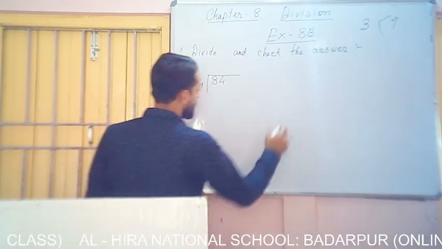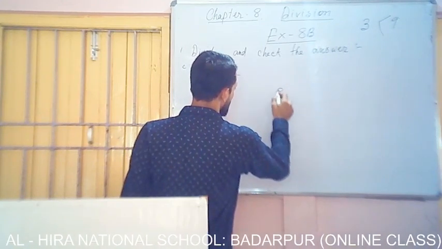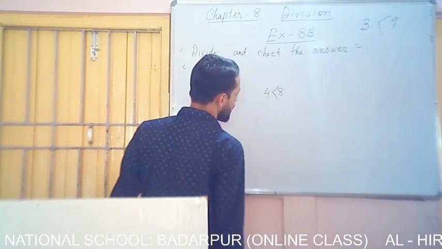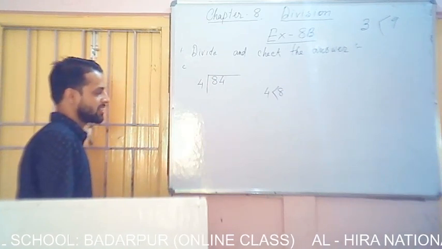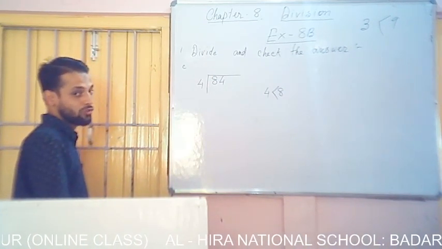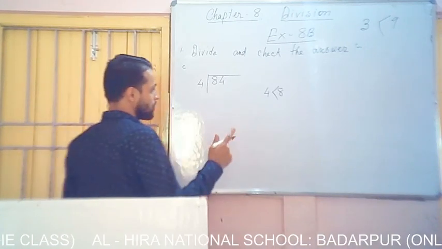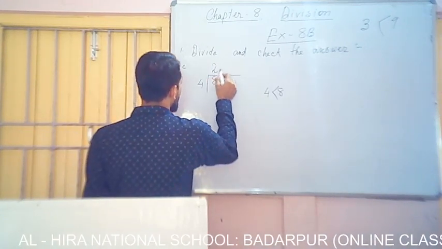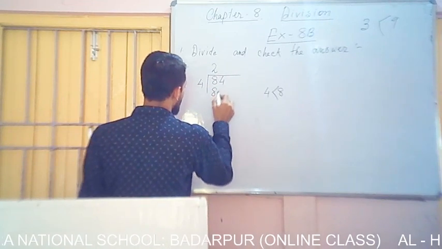Easily you can say here 8 is greater than 4. That means the dividend is greater than 4, so we can divide. Here the divisor is 4, so we have to follow the 4 table. 4 ones are 4. 4 twos are 8. We have to write here 2.